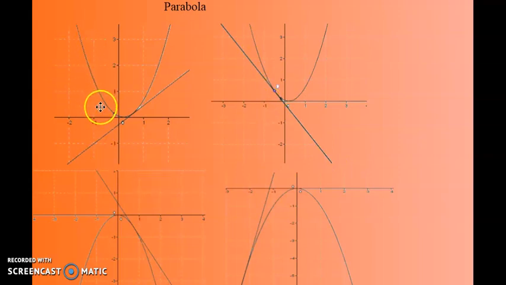So anywhere on this graph, the slope of this tangent will change if it is a tangent to this particular graph. And you can see for each and every one of them, my slope would be different according to the point of intersection.